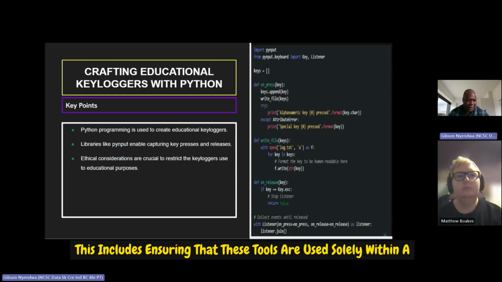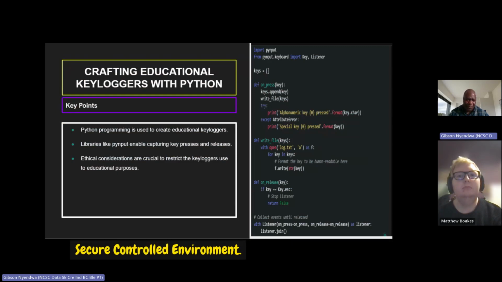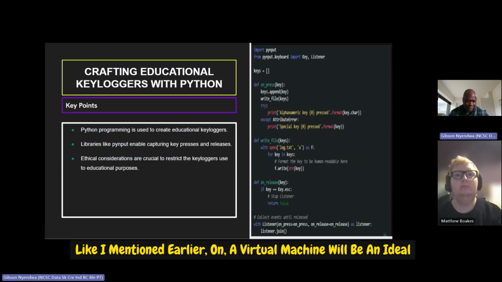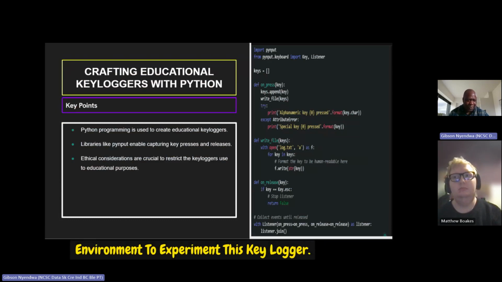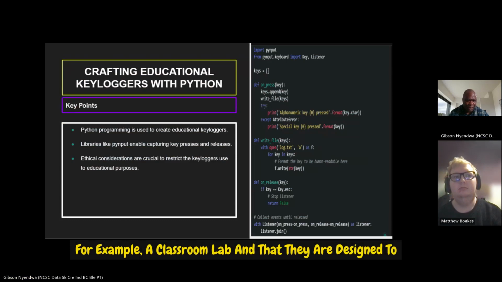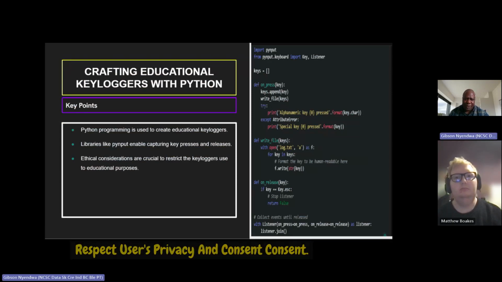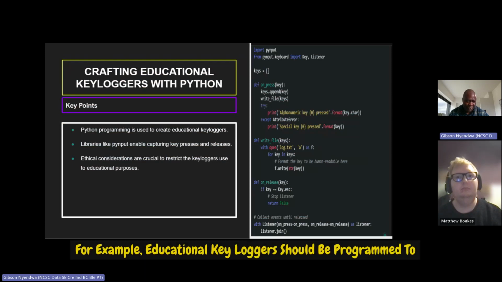This includes ensuring that these tools are used solely within a secure, controlled environment. Like I mentioned earlier, a virtual machine would be an ideal environment to experiment with this keylogger, such as, for example, a classroom lab, and that they are designed to respect users' privacy and consent.